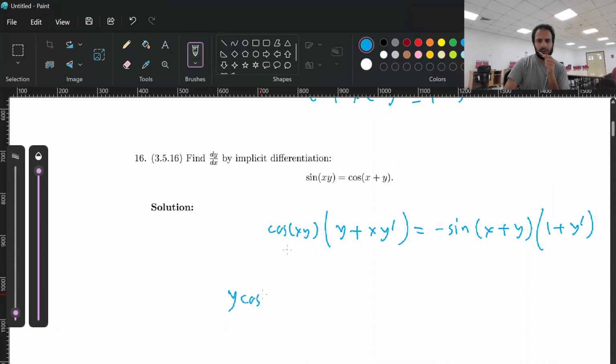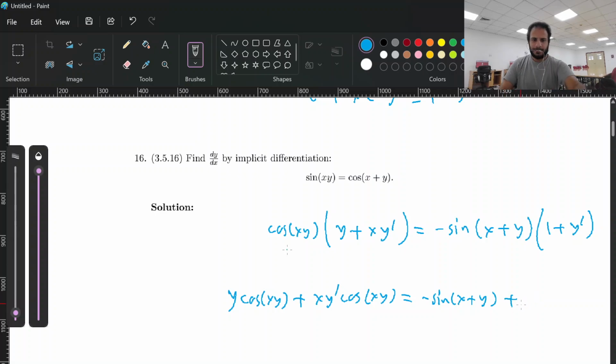So y cosine xy plus xy prime cosine xy equals minus sine of x plus y times 1 plus y prime. Professor, should it be minus y prime sine of x plus y?